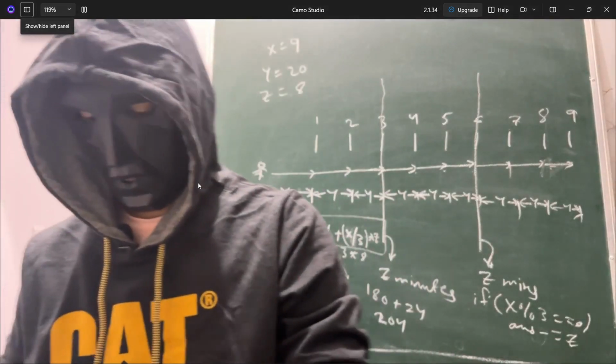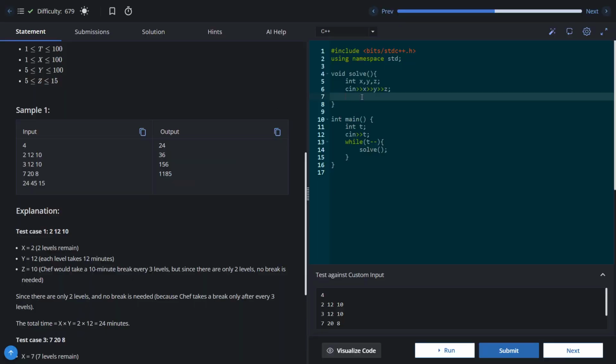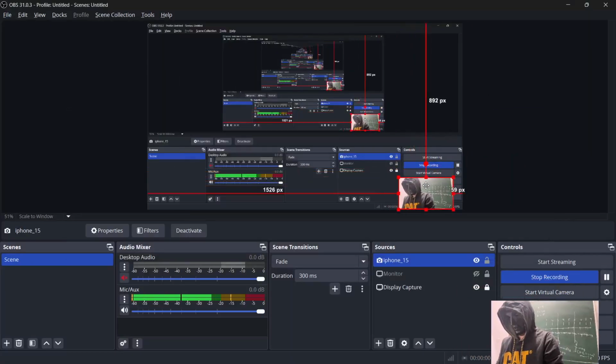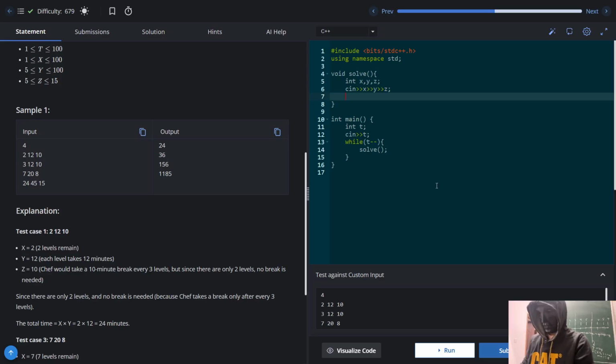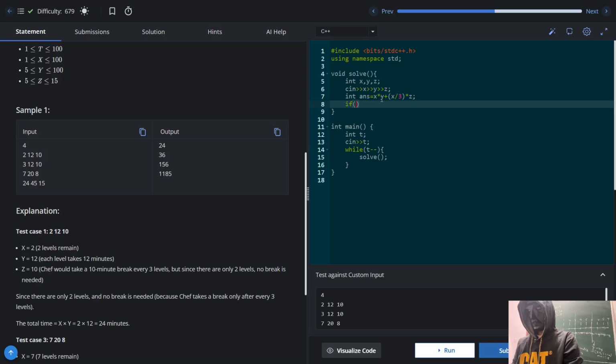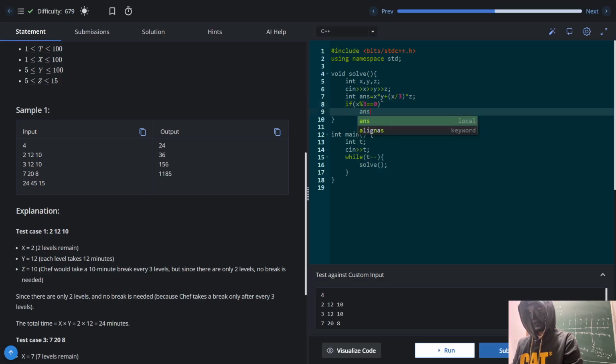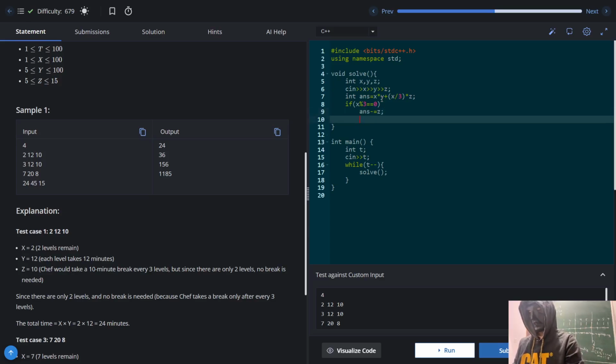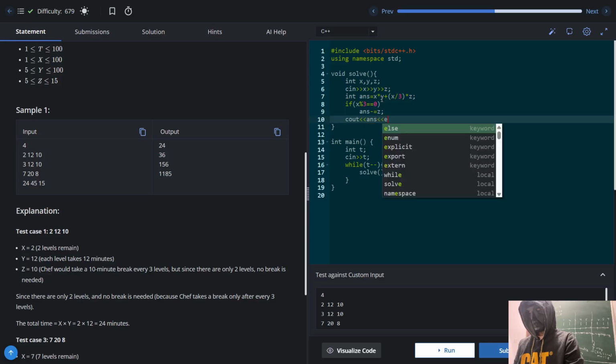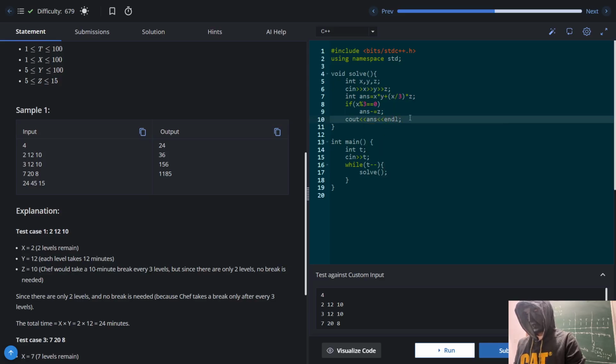So yeah, let me try to code it up here. Before that, let me put it here. So what I was doing, basically our answer is equal to x star y plus x divided by 3 into z, and whenever x is a multiple of 3, we'll have to subtract z from our answer, because the last rest is not valid, so we'll have to remove it, and at the end we'll output the answer.